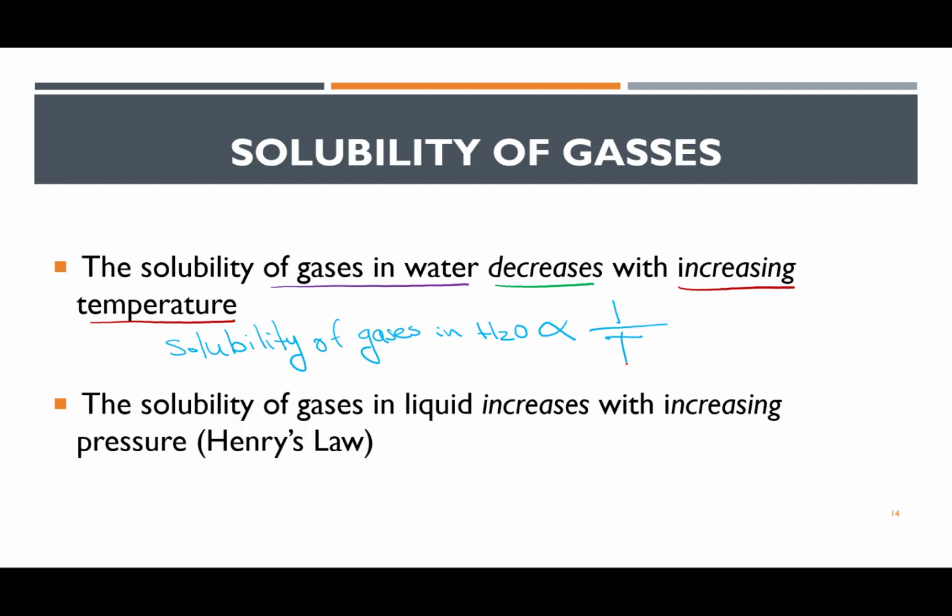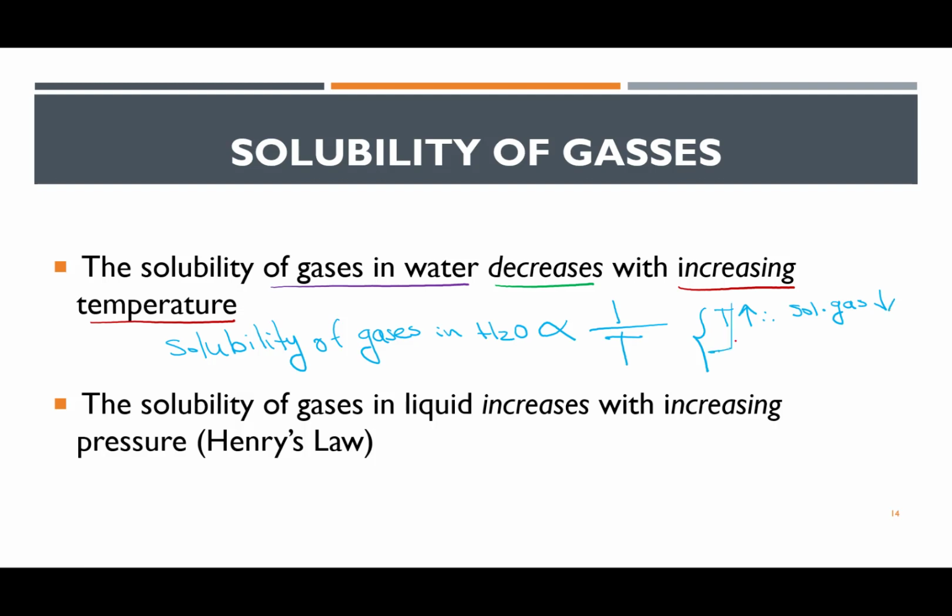Okay, they are indirectly proportional. If you increase one, the other one decreases. One more time: if you increase the temperature, the solubility, which I'm going to write as SOL, of gases decreases.